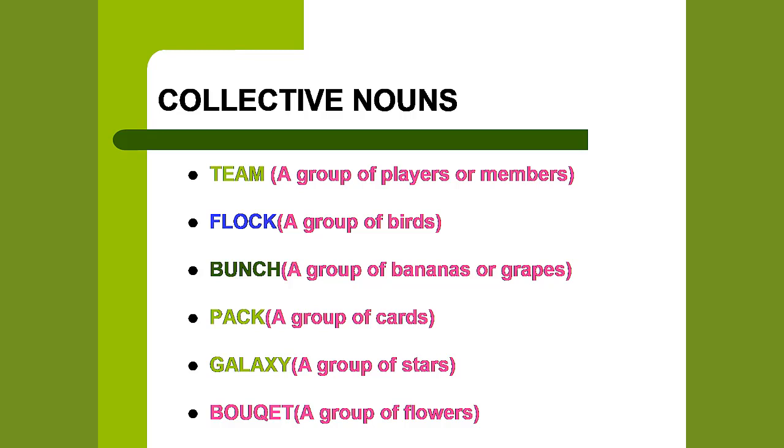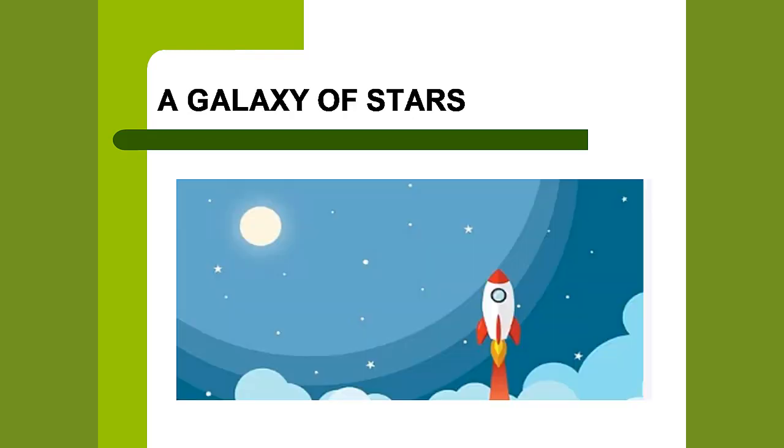Galaxy, you can use this word, a group of stars. Bouquet, a group of flowers. These collective nouns can be used for different groups. So you can say that a collective noun can be used for a group of different people, places, animals or things, etc.